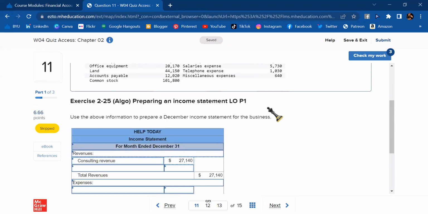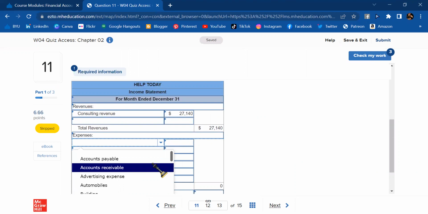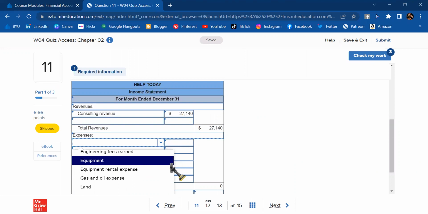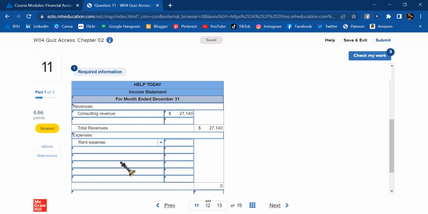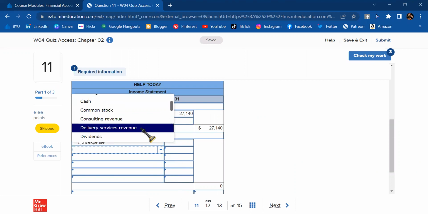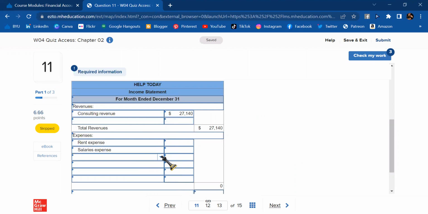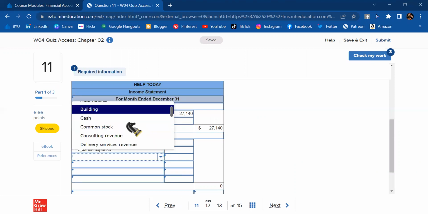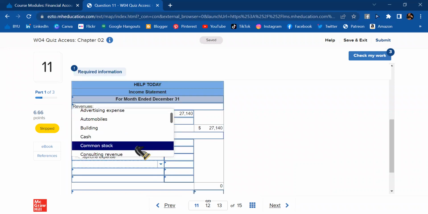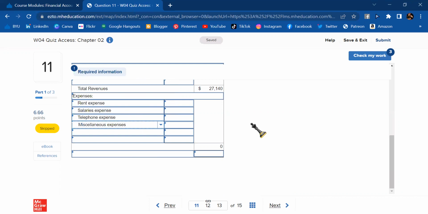So we will come down here and enter rent expense, salaries expense, telephone expense, and miscellaneous expense.